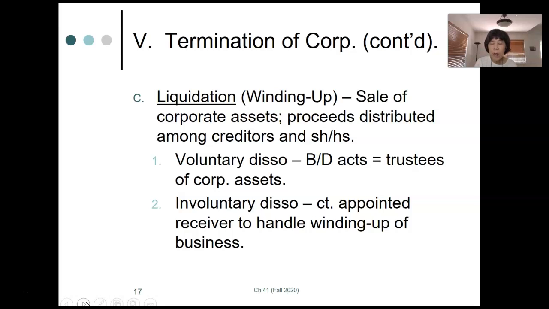We call them receiver, though, in this case, who will handle the winding up. So go out and collect the corporate assets, what there might be, and then sell them off, using the proceeds to pay off the creditors. Right. So very similar how things take place, whether voluntary or involuntary. It's just a matter of which person is charged with the responsibilities.